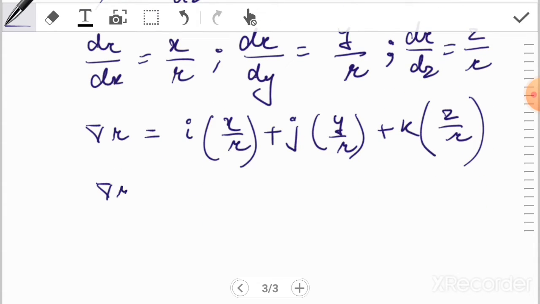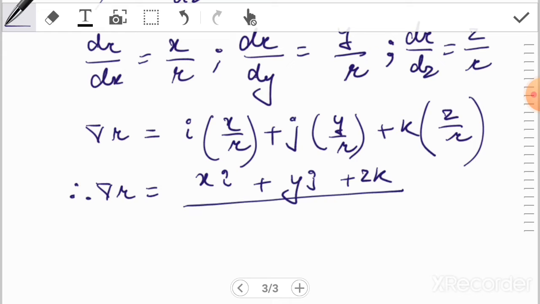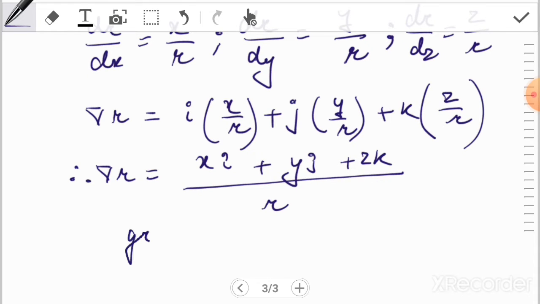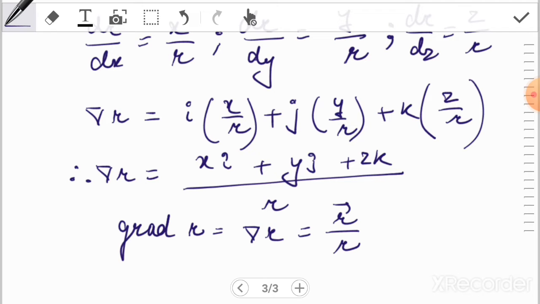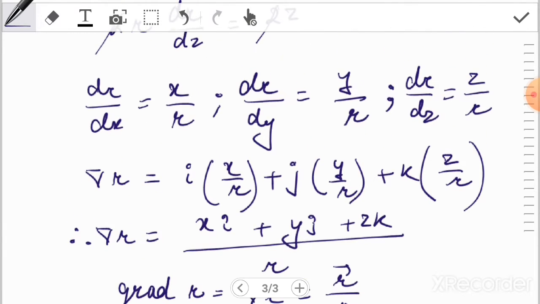So again del r is equal to xi plus yj plus zk, whole divided by r, because we can take r out as common. So gradient r, or del r, is equal to r vector by r.